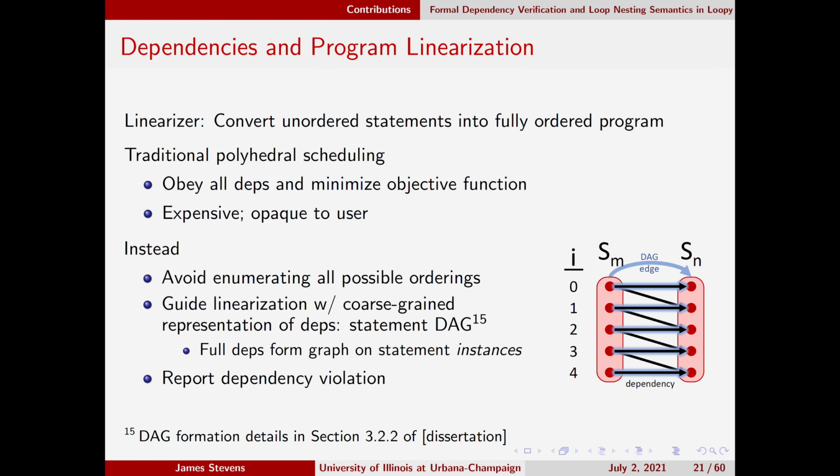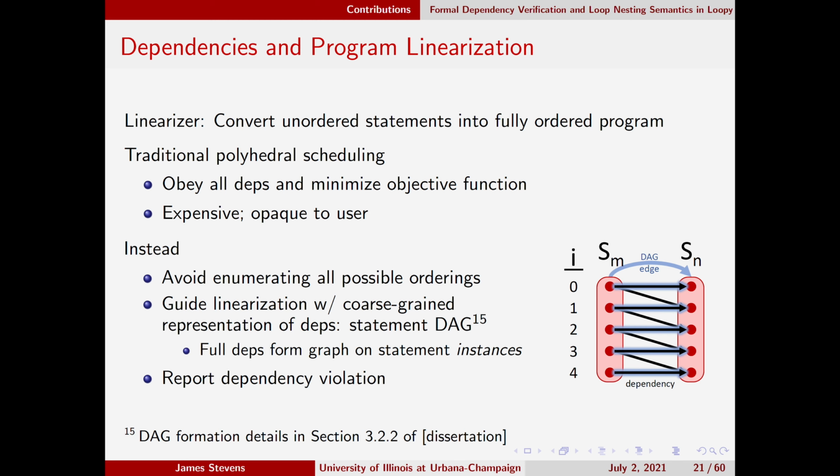Now, to guide the linearization process toward a program that does satisfy the dependencies while maintaining a low-cost linearization process, we give the linearizer a directed acyclic graph, or DAG, of statements representing a simplified version of the dependency relationships at the statement level rather than the statement instance level.